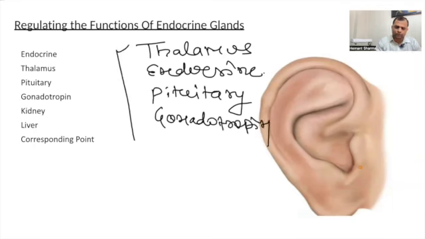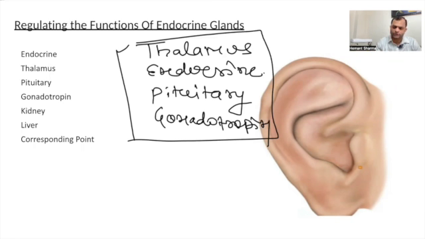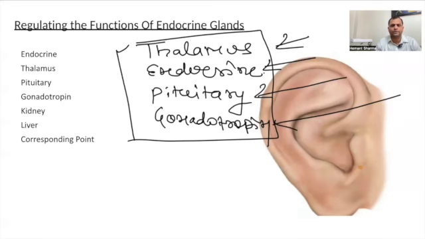So these are the four basic and the root thing. The thalamus is the part of the brain, endocrine is the controller of all the hormones, the pituitary gland is the master gland of all the hormone, and the gonadotropin hormone secreted by the pituitary gland is working on the testes and ovary.